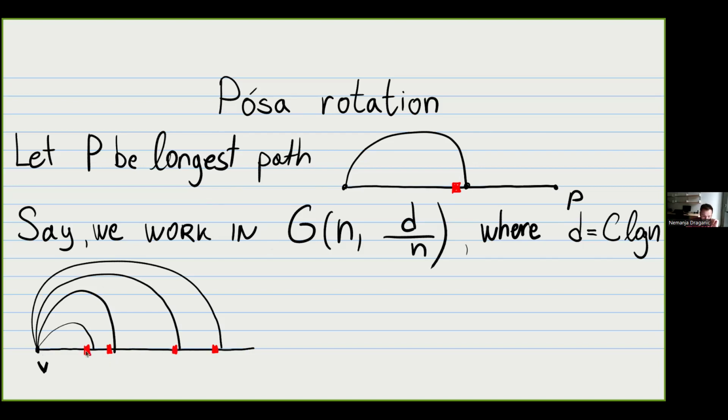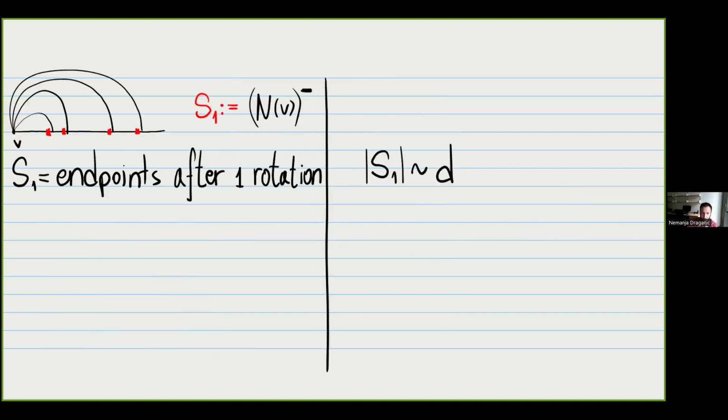For each of these neighbors, we go one step to the left, and then you get a new endpoint of a longest path, and this set we call S1. So S1 are the endpoints after just one rotation, and since the average degree is d, by some concentration we know that S1 is roughly of size d.